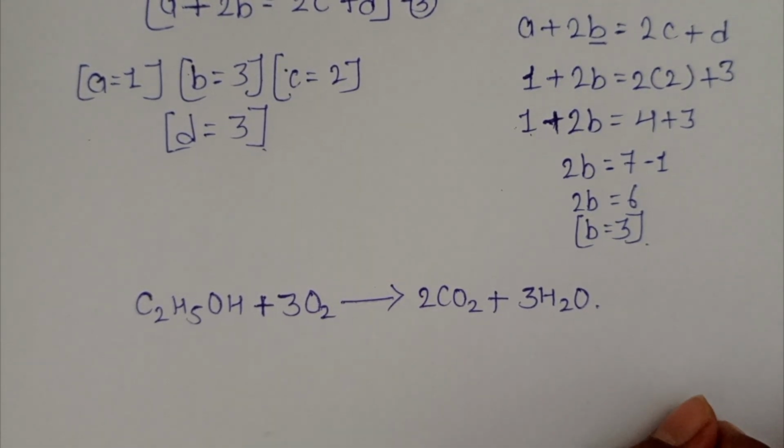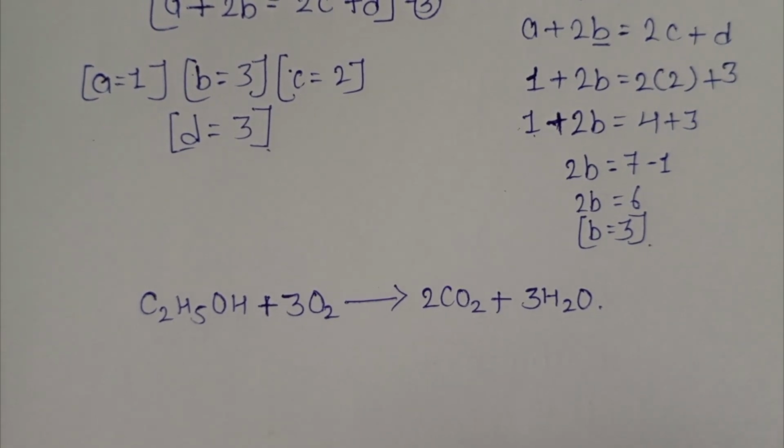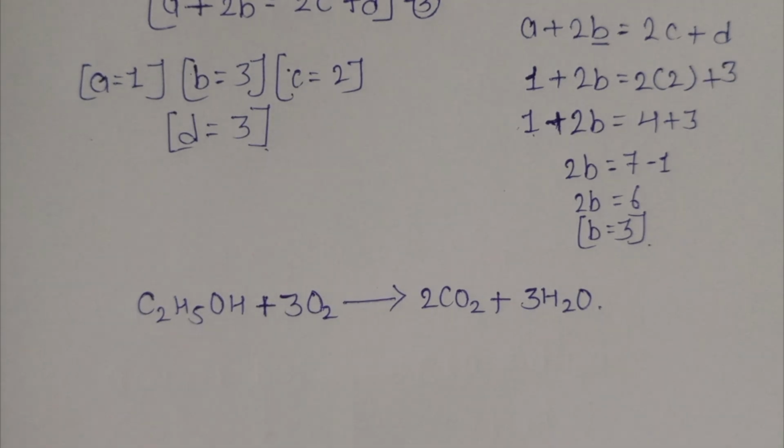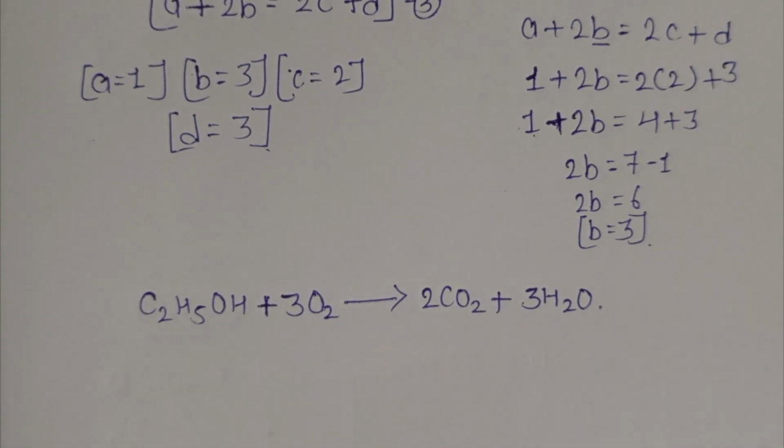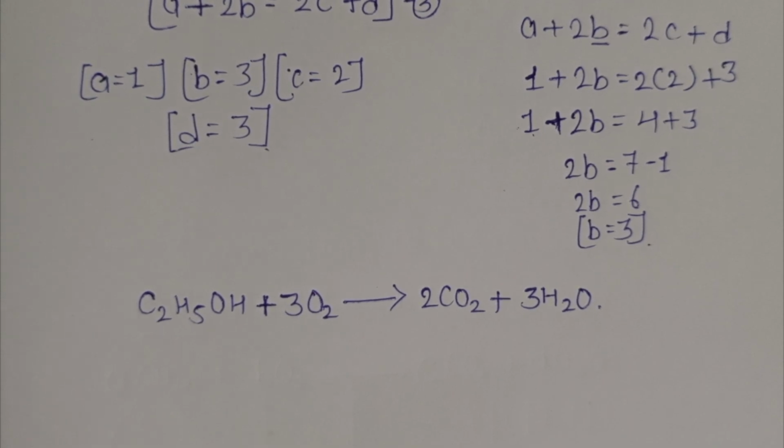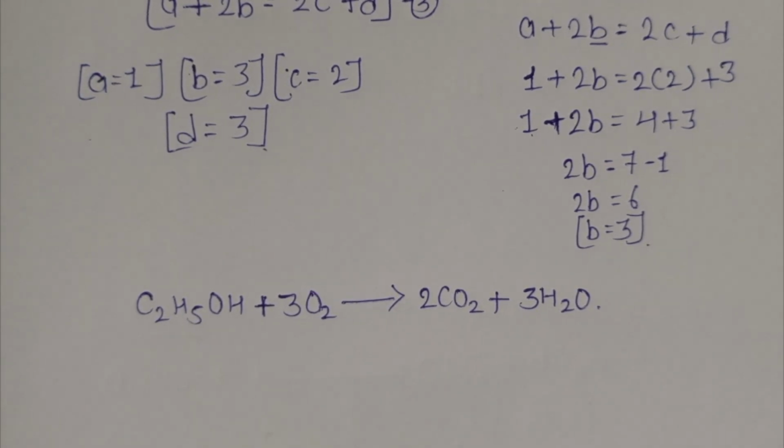For now, we have all done the examples. Amazing. This one looked tricky, but with algebra, it's just maths. Here is a challenge for you. Try balancing the equation using algebra.